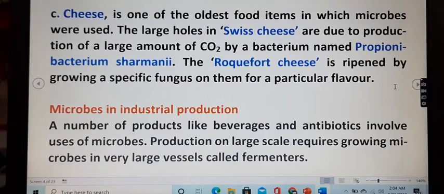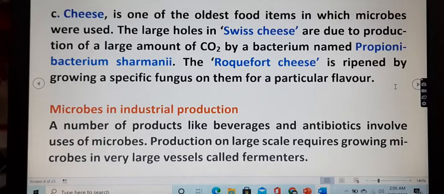So let's study about microbes in industrial production. Industrial production means when we are producing anything on a large scale, then it becomes an industry. So when we are using microbes in large scale production, it is called industrial production.